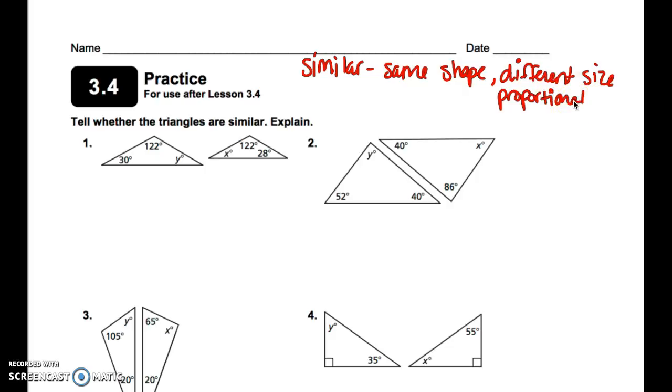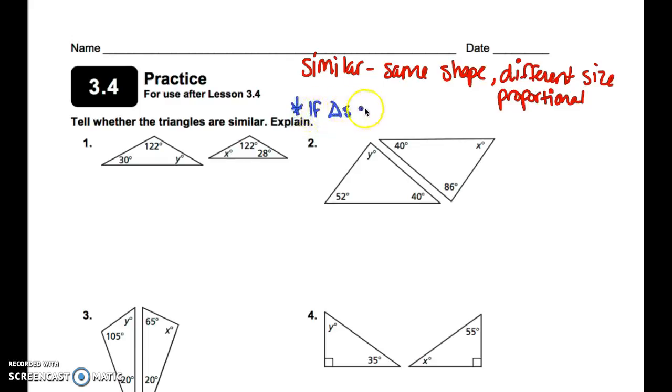So what we're going to look at on this page, we don't have the lengths of any side of these triangles. All they give you are the angles. So I want you to make a note, over here on the side or maybe up at the top if you have more room.